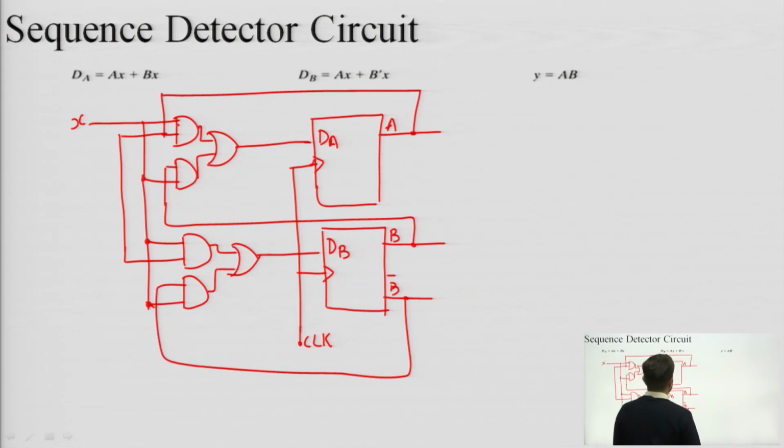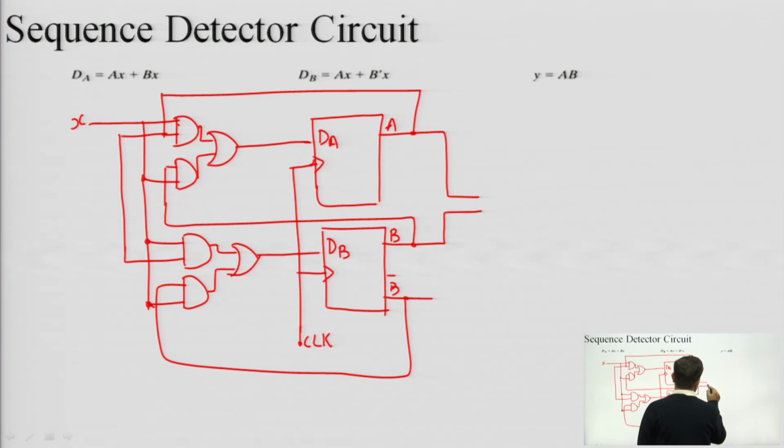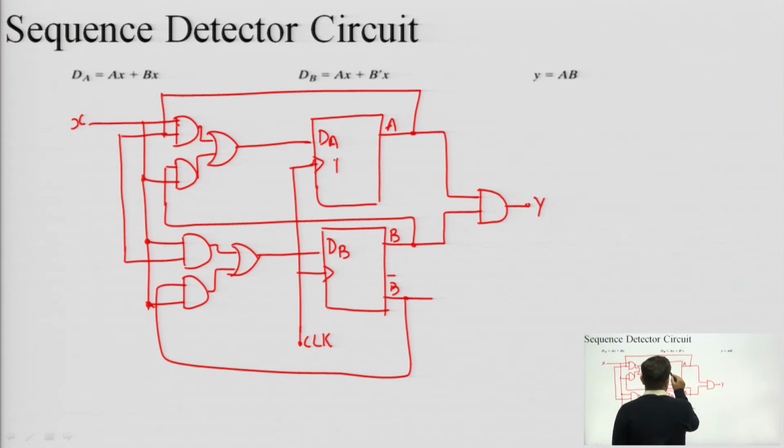So these are the expressions for dA and dB, and then we have to prepare Y as well. So this is A and B, and both will enter an AND gate to generate the expression for Y. This is a D flip flop, and this is also a D flip flop.